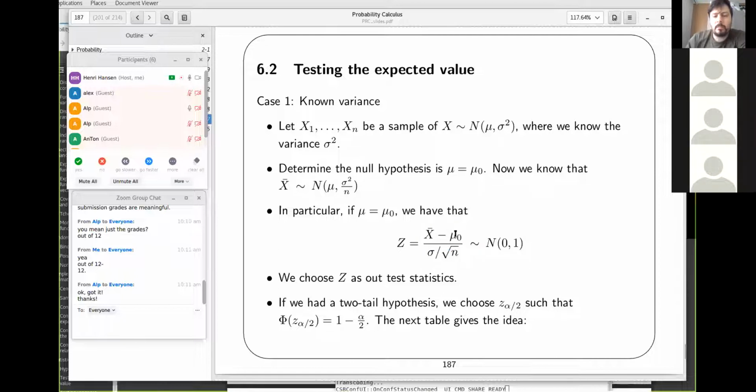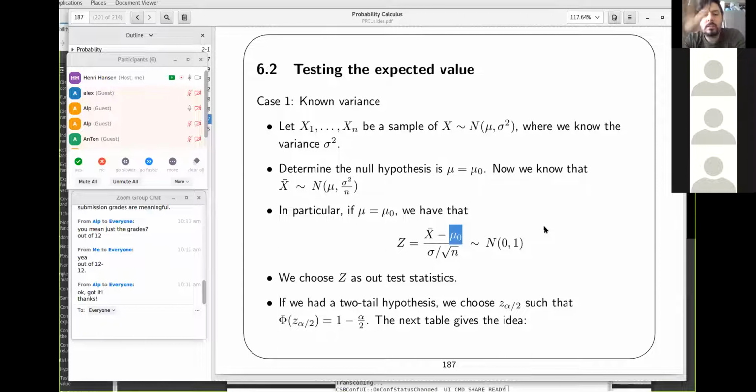The other assumption is that mu is mu0, and if that's true, then subtracting it from the sample mean means that this is 0, 1 normally distributed. If it's not mu0, then its distribution, while still normal, will have a different expected value.